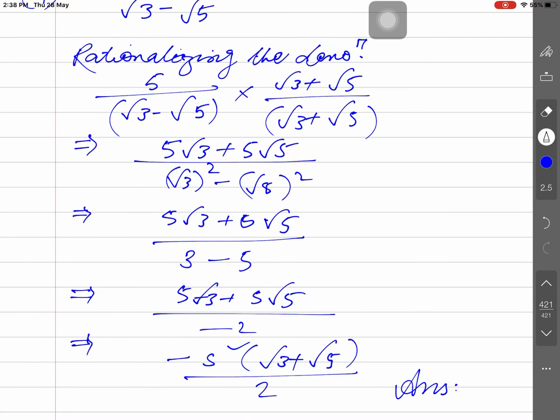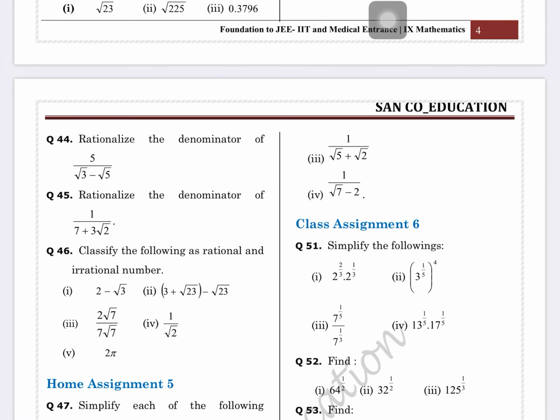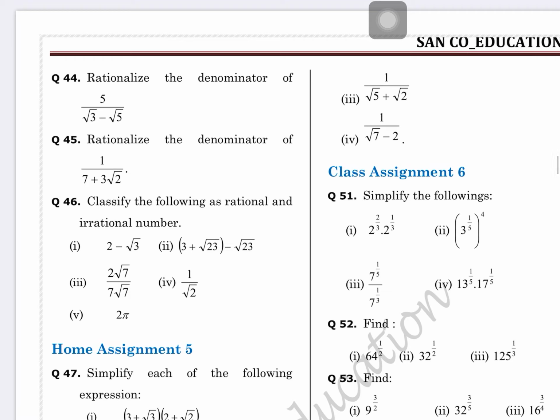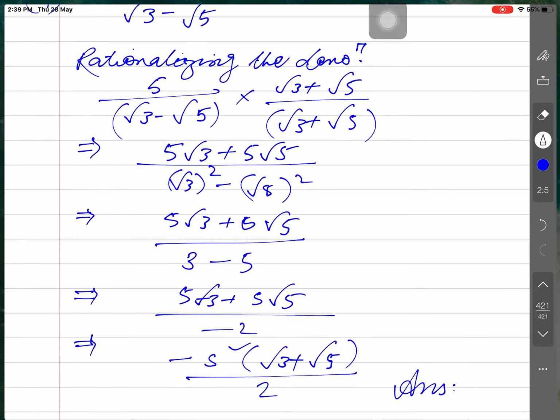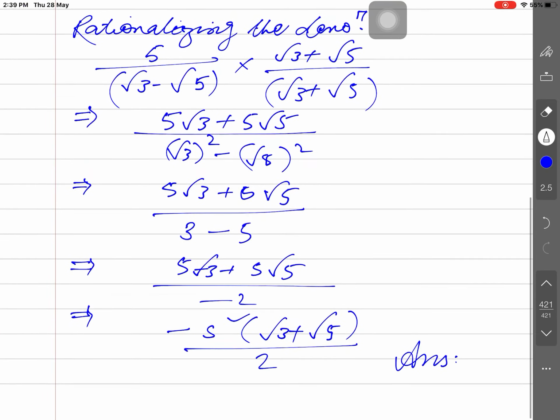Okay, have a look at the next also. What is to be done? The question number 45, 1 by 7 plus 3 root 2. Can you solve this or not? Rationalize the denominator. This is a different type of expression.